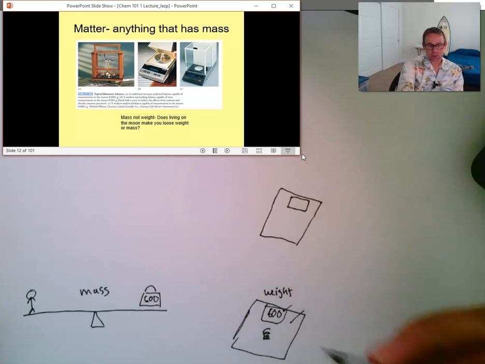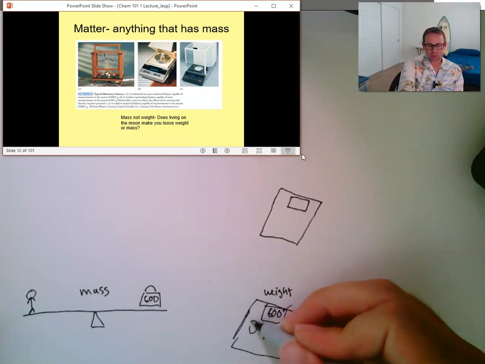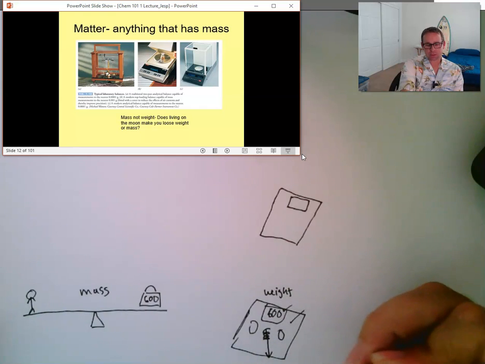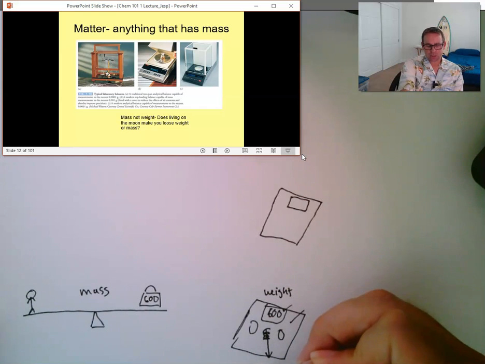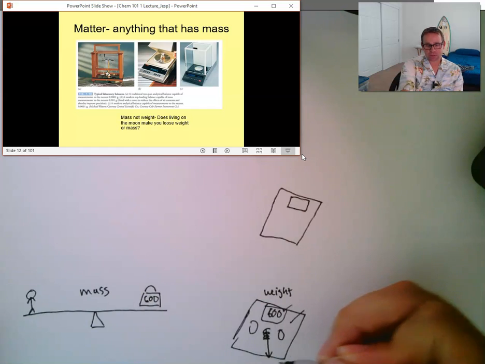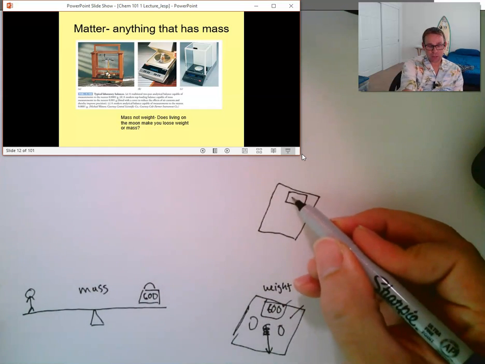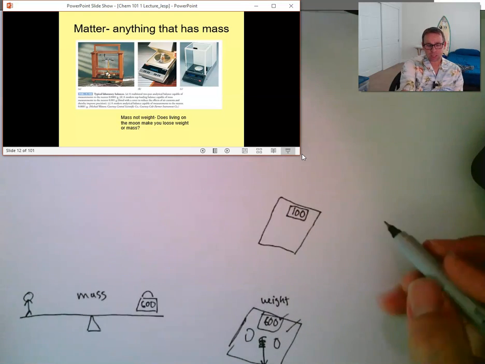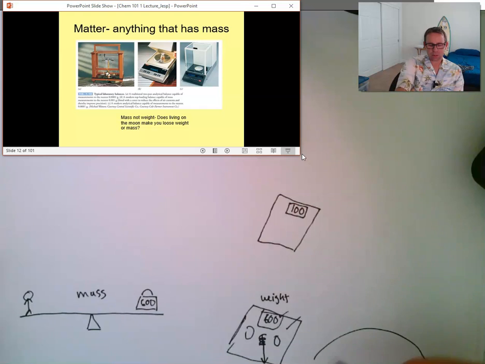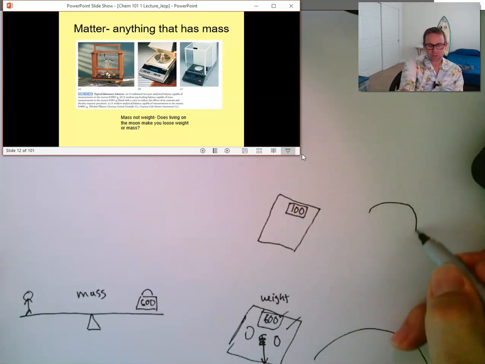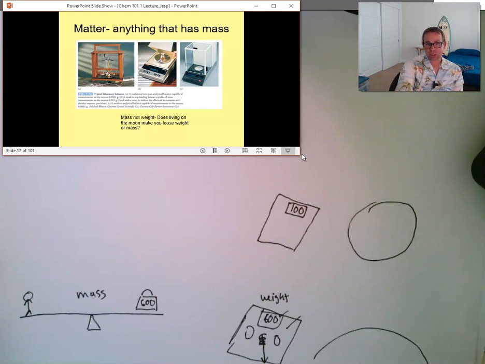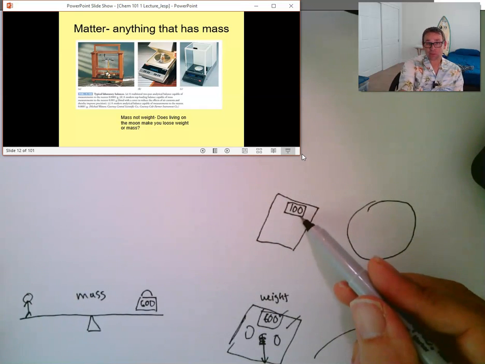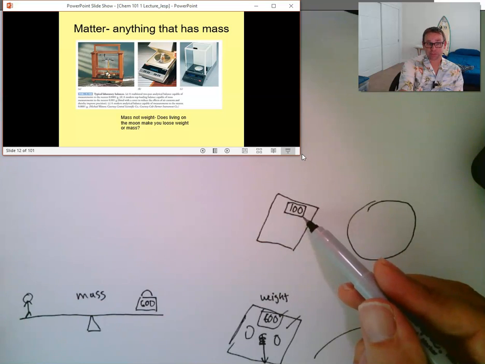But actually, when you stand on the scale and it pushes the spring down, the amount it pushes down is dependent on the gravity that it feels. On the moon, there's less gravity. It'll only say 100 pounds. Because here's the Earth, right? And here's the moon. The moon is smaller, and there's a lot less gravity. Therefore, on a scale, I'll only have 1/6 the weight.